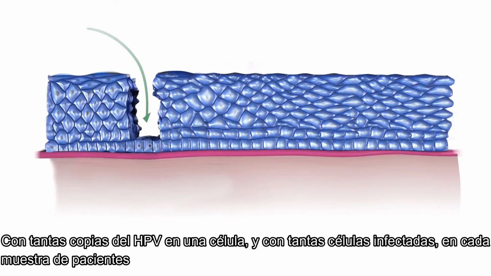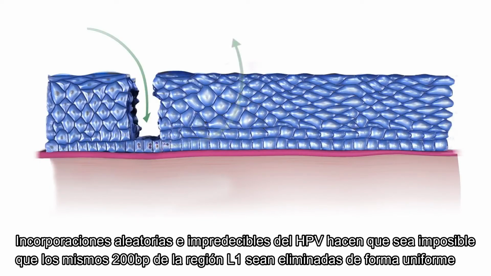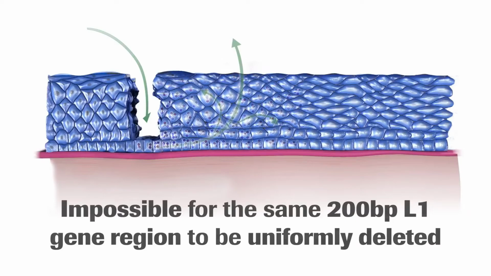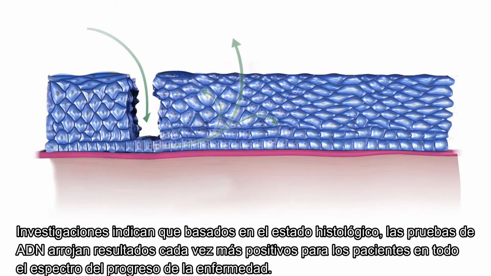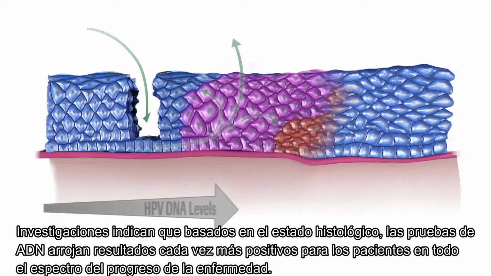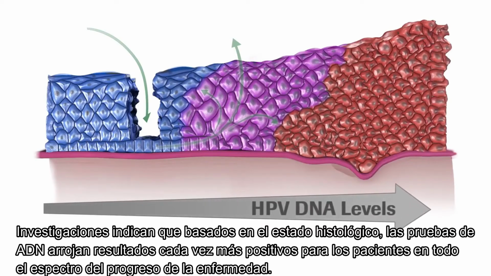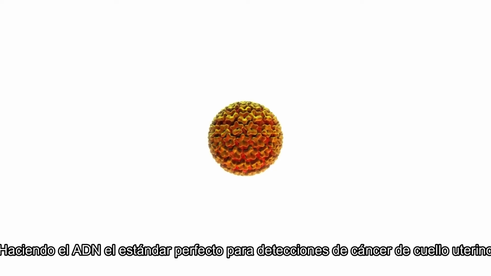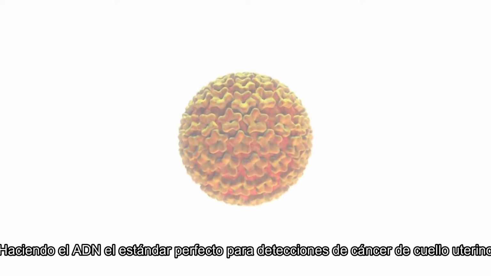With many copies of HPV within one cell, and many infected cells within every patient sample, random and unpredictable HPV incorporation makes it impossible for the same 200 bp L1 gene region to be uniformly deleted. Research indicates that based upon histological status, DNA testing yields increasing positive results for patients across the spectrum of disease progression, thus making DNA the gold standard for a cervical cancer screening assay.